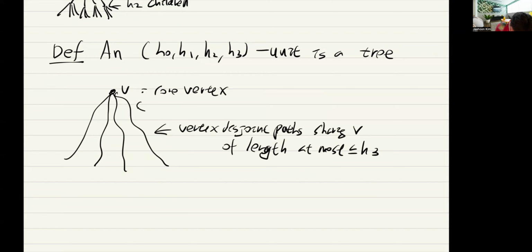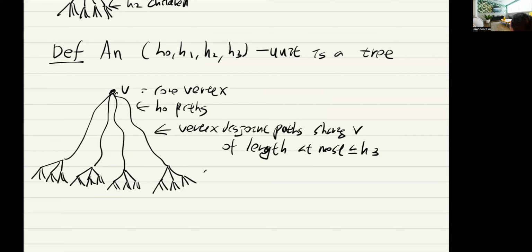H0 such paths. And then each of them is connecting to a disjoint (H1, H2) hop.